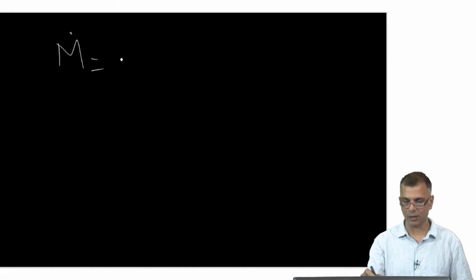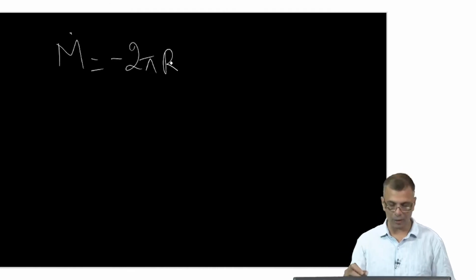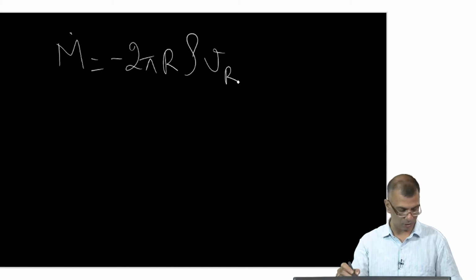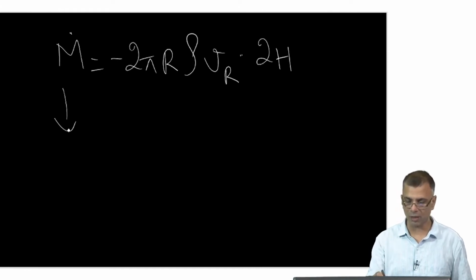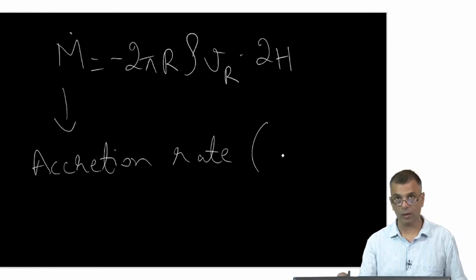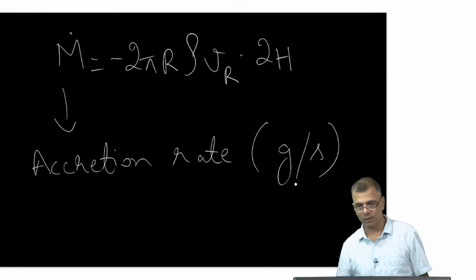This is essentially the mass conservation equation, right? And this was written as minus 2 pi r times rho times Vr times 2h, right? So this is the accretion rate in grams per second.